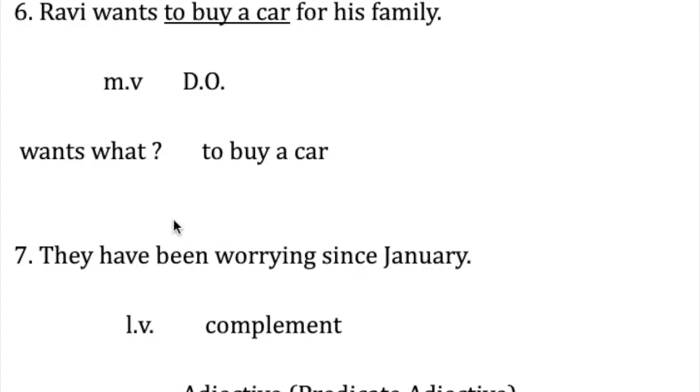No, it's just linking the pronoun subject they with the state of being worrying. So they seem to be worrying, they are worried. So have been is just a linking verb, and worrying is the complement. It's talking about the state of being of the subject, and it is modifying it. So it's an adjective, called a predicate adjective.